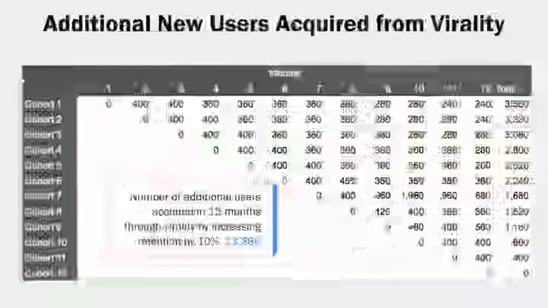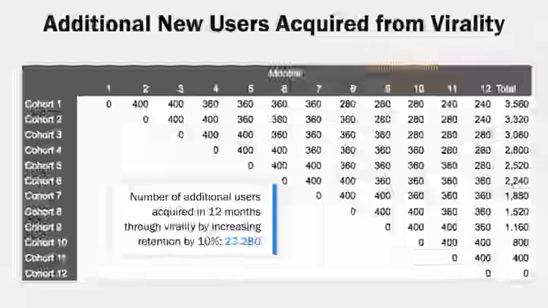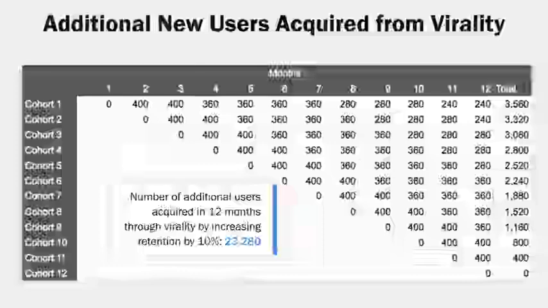If we were to play this out across all the cohorts throughout a year, the number of additional users acquired in 12 months through virality, just by increasing where retention flattens out by 10%, the difference is 23,280 new users. Pretty impactful.